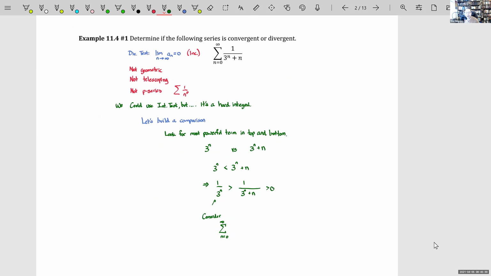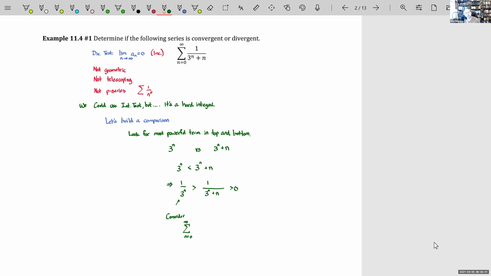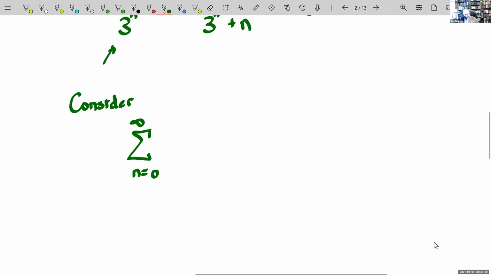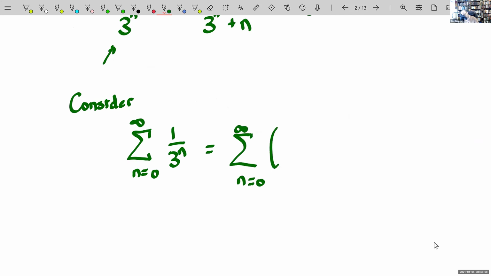However, remember, I could lop off the first 3 billion terms if I wanted to. If you want to start at 1, you're more than welcome to start at 1. It doesn't actually matter. But I'm starting at 0 just because I want to. 1 over 3 to the n. It's the same thing as the summation from 0 to infinity of 1 over 3 to the nth power.